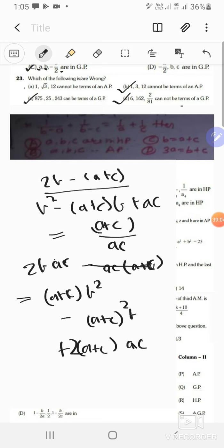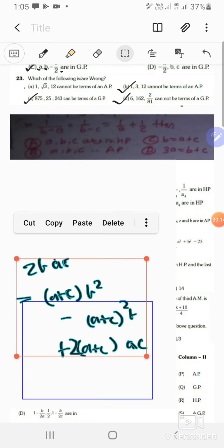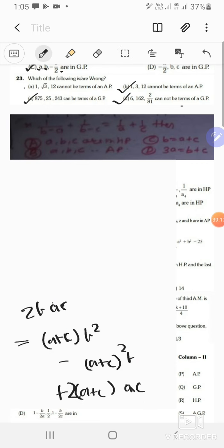Fine, let's arrange it like a quadratic in b, maybe that will help, right? We might be able to use some discriminant thing, or something which will make it easier. So this can be arranged as b squared into a plus c.